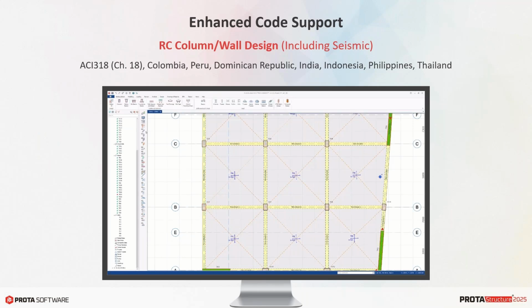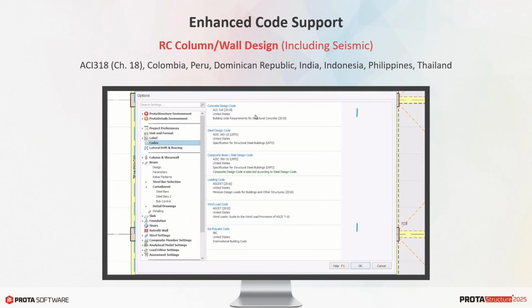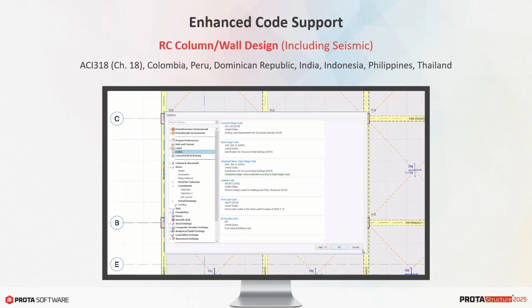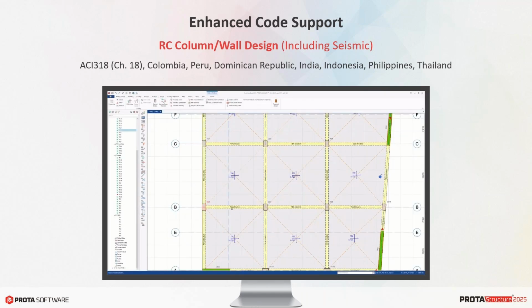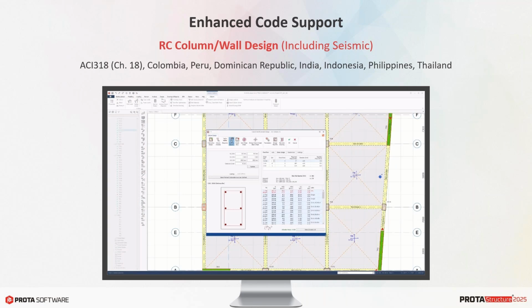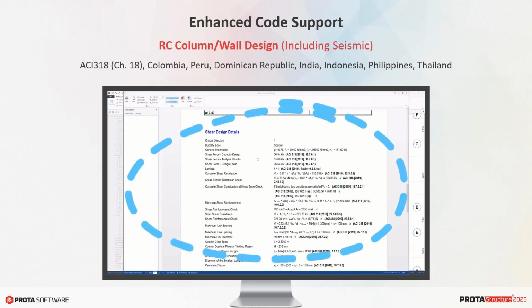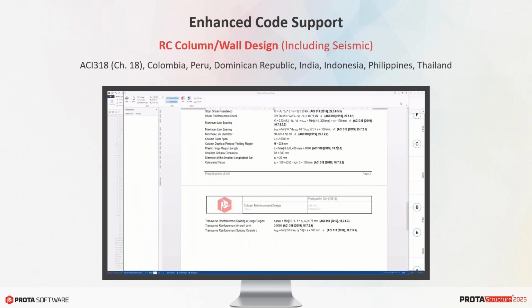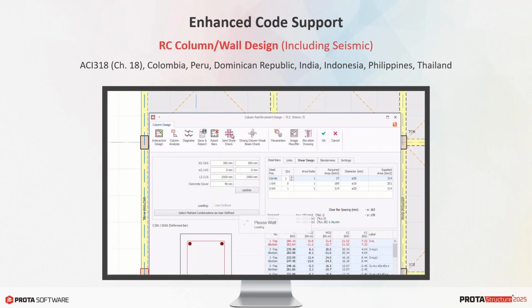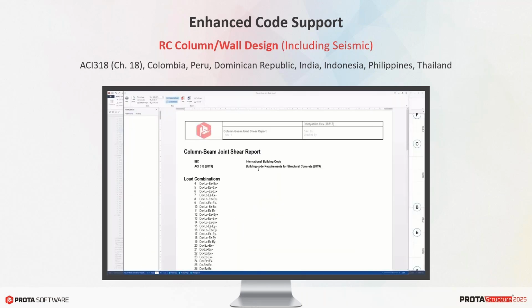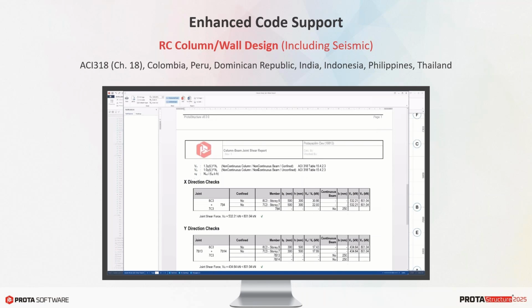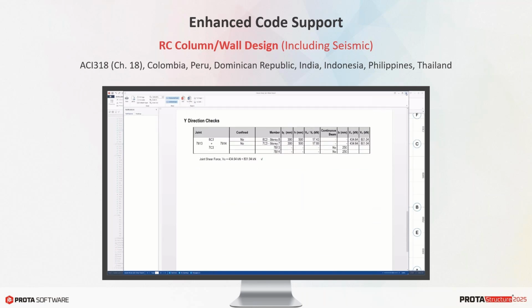First of all, we focused on reinforced concrete column and wall design, including the seismic clauses. In fact, we are excited to introduce the improvements here. ProtaStructure 2025 is more capable now in terms of supporting seismic design provisions, such as ACI 318, especially with a focus on Chapter 18.